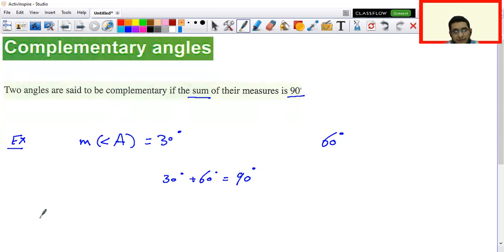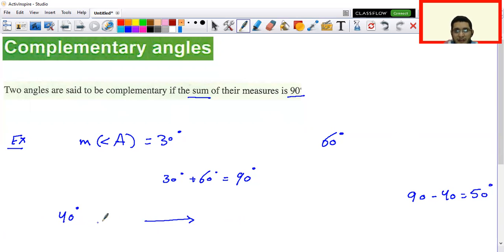Another example, if I have an angle of measure 40 degrees, then the complementary angle of 40 degrees is 90 minus 40 equals 50 degrees.